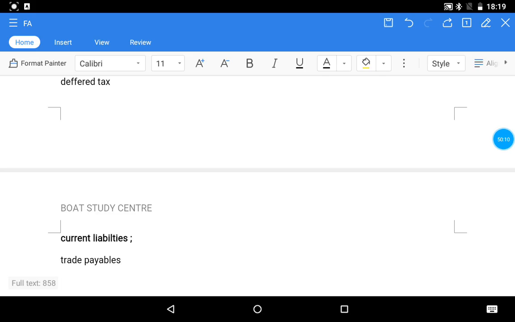Then we have short-term borrowing. Remember, I have said that current liabilities are liabilities that the business is going to clear within a short period of time. That means you can get a loan of 5 months, or a loan of 6 months.